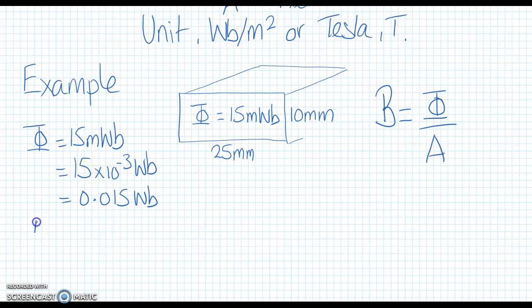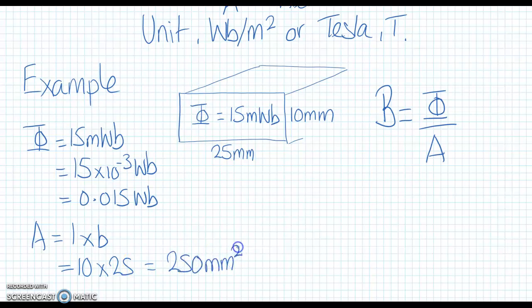The next thing we're going to work out is the area. Obviously, the SI unit for length is the metre, not the millimetre. So we're going to work out the area first in millimetres. That's simply 10 millimetres times 25 millimetres, which is 250 millimetres squared.